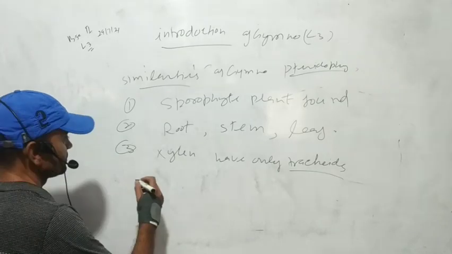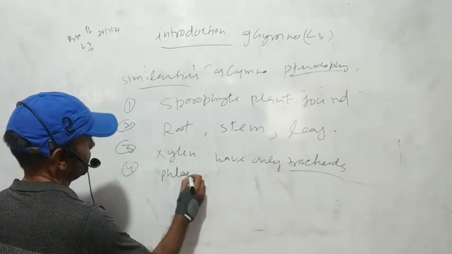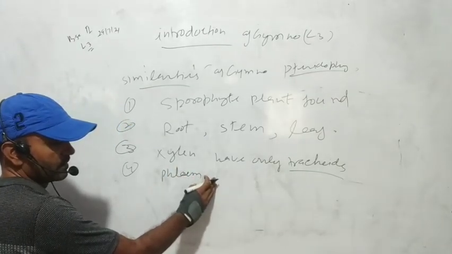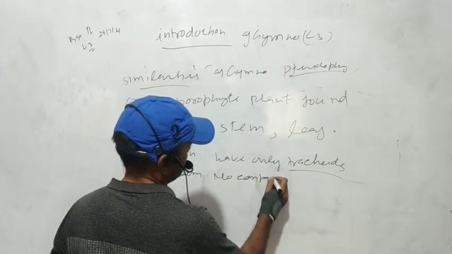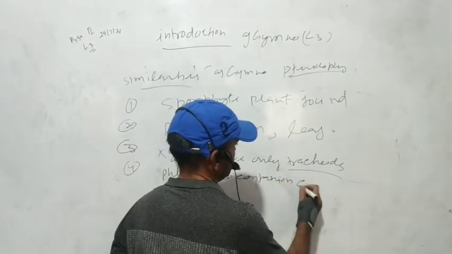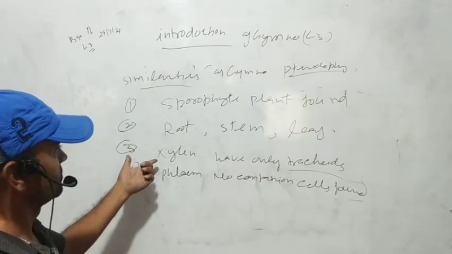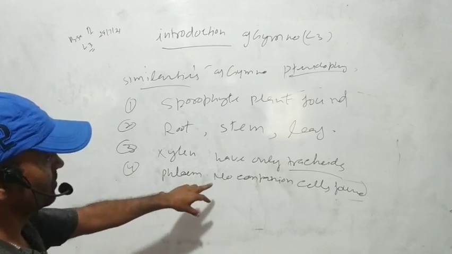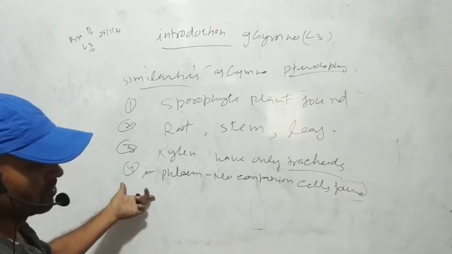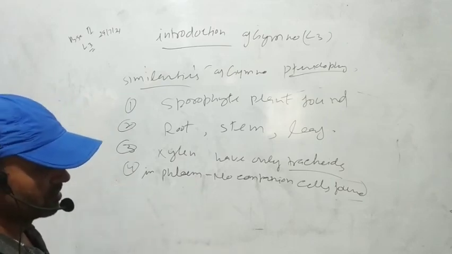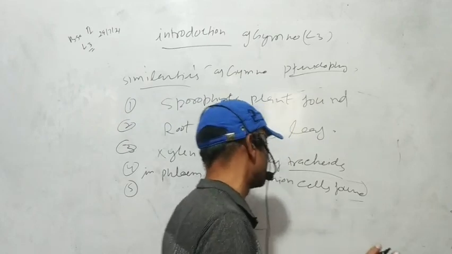And the next special point, in phloem, no companion cells are found. Xylem has only tracheids and phloem has no companion cells. This is for your understanding. In phloem no companion cell is found, such as in pteridophyte, same as in gymnosperm.